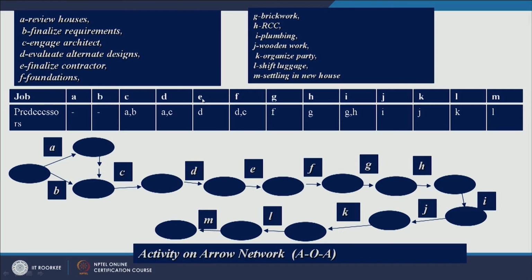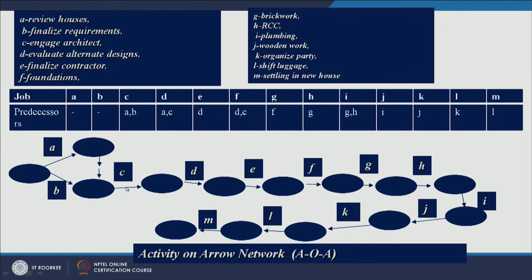So, these are different activities, right, A, B, C, D, and I have written what these activities are, right. So, first you just draw a precedence relationship network. So, this is activity on arrow network, right. So, A is reviewing house and you are simultaneously finalizing requirements, right.